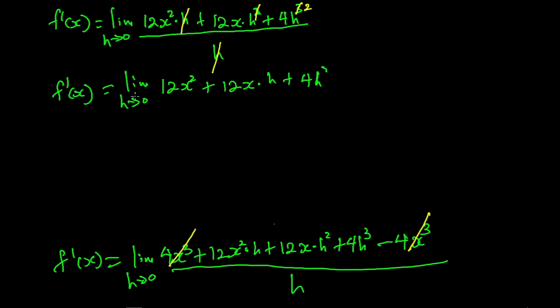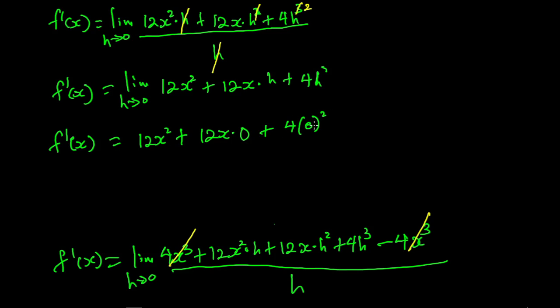Now to remove our limit as h approaches 0, that means we are going to replace every h in the expression with 0. So that means we have f prime of x equal to 12x squared plus 12x times 0 plus 4 times 0 squared.